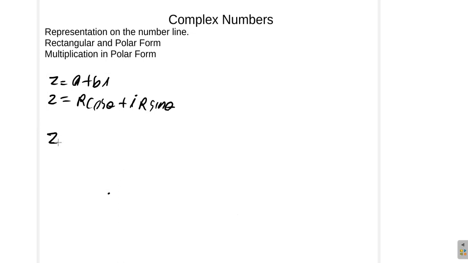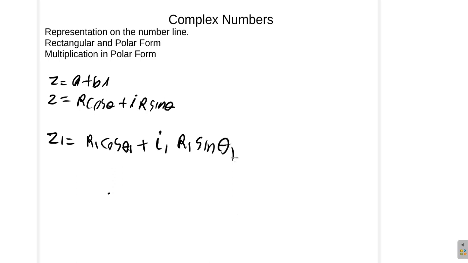So we have z1 equal r1 cos theta 1 plus i r1 sine theta 1.